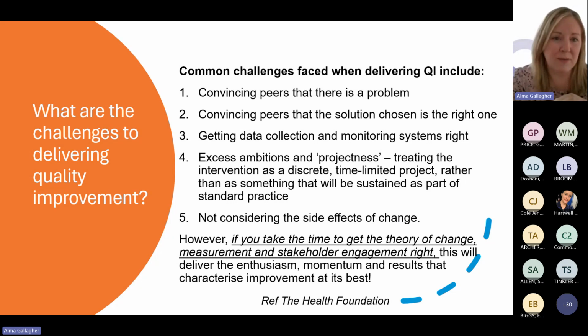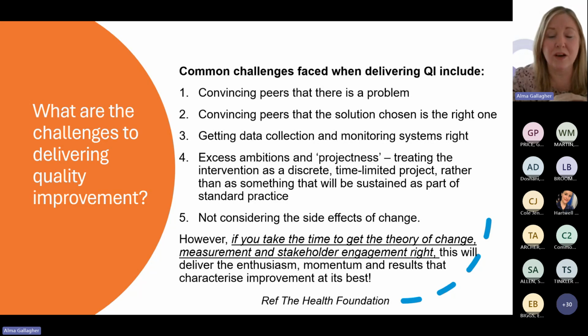It's also perhaps difficult to convince peers that the solution you're choosing, that change idea, actually is the right one. And sometimes it's really difficult to get data collection and monitoring systems right. I think you'll all echo that that is certainly a challenge. That, you know, we might be collecting data on oranges, but actually what we've really realized is it's actually the pears and the apples that we needed more information on.